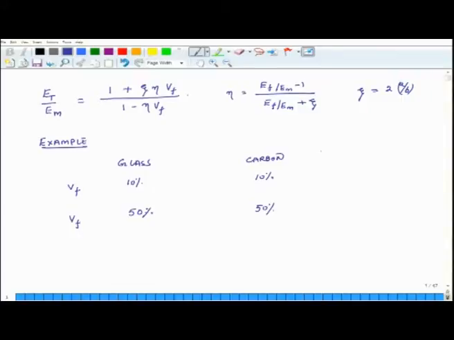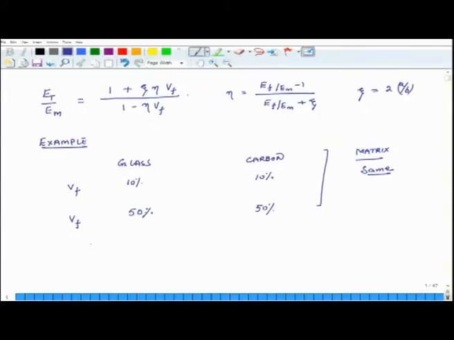The matrix material for both these composites is common, the same matrix material. So, we are going to make 4 different composites: one with 10% glass fiber, another with 50% glass fiber, a third with 10% carbon fiber, and a fourth with 50% carbon fiber or graphite fiber.